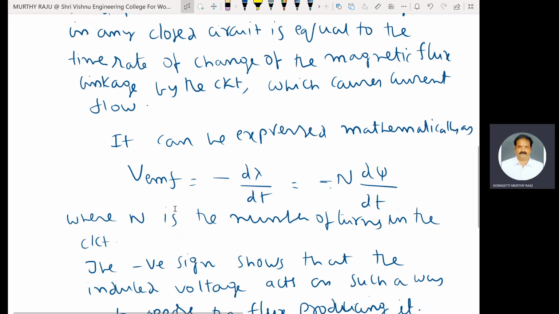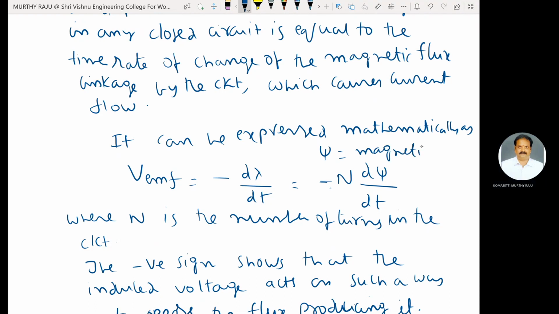Mathematically, V_EMF is equal to minus dλ/dt, equal to minus N dψ/dt, where ψ is the magnetic flux, which changes with respect to time, and N is the number of turns in the circuit.